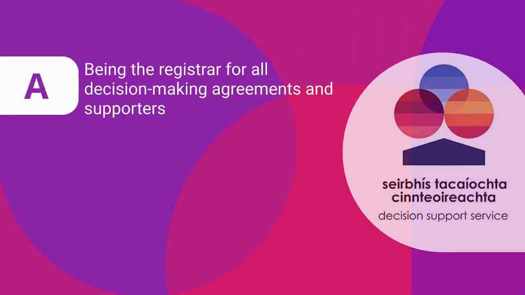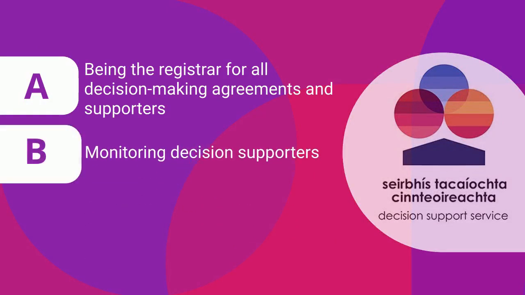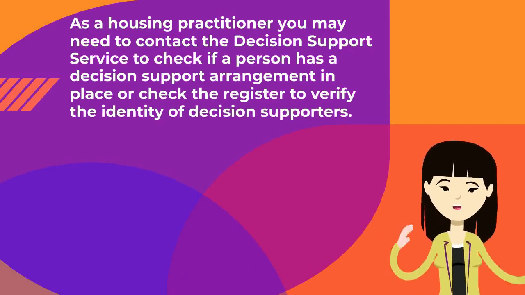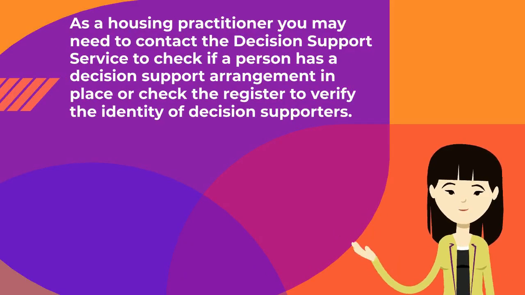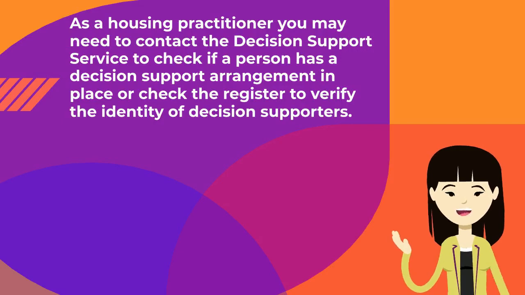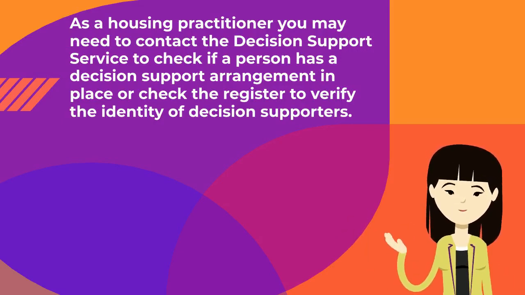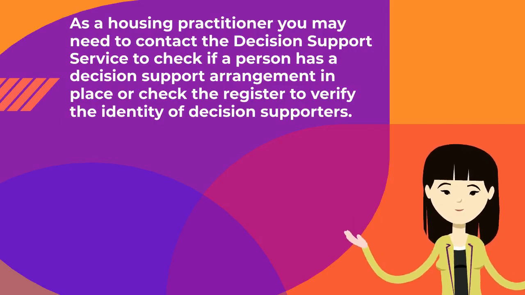This includes A, being the registrar for all decision-making agreements and supporters, B, monitoring decision supporters, and C, investigating complaints. As a housing practitioner, you may need to contact the Decision Support Service to check if a person has a decision support arrangement in place, or to check the register to verify the identity of decision supporters.